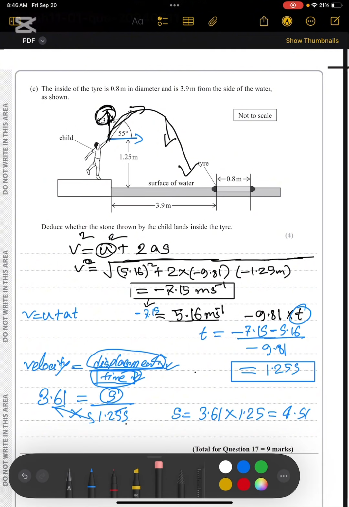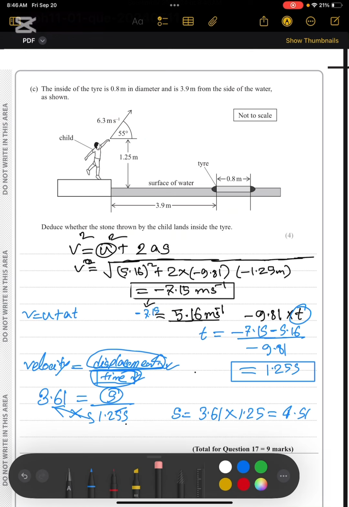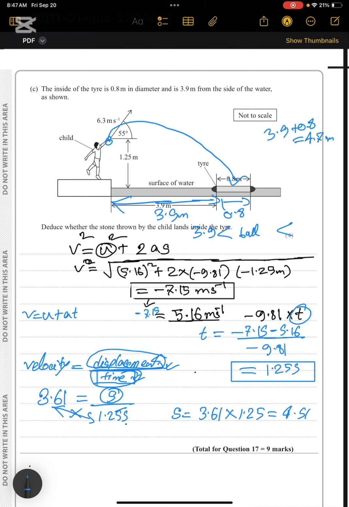As we know, the horizontal displacement of this position is 3.9 meters, and here is 0.8. So for the ball to reach this tire, it has to be greater than 3.9 meters and less than 3.9 plus 0.8, which is 4.7 meters. So it has to be between 3.9 and 4.7.